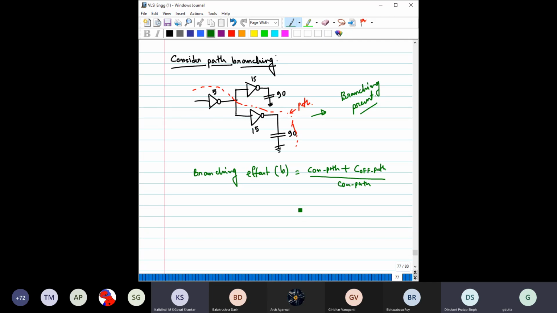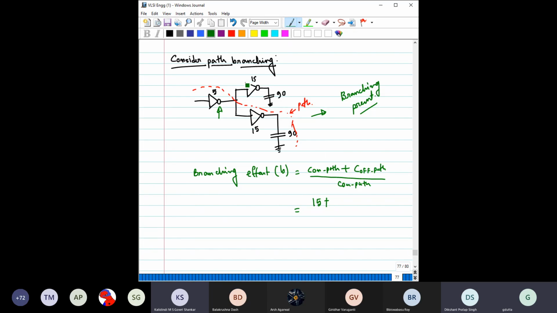Now you will also see how to find this. Let us find it here. What is the capacitance for the on path? When you are mentioning the capacitance, this inverter has to drive this and this. On this path, the next load for this inverter is this one, which is 15, plus the off path.